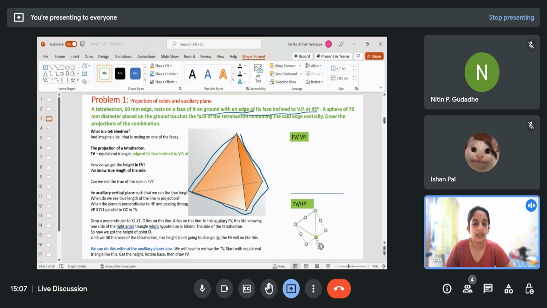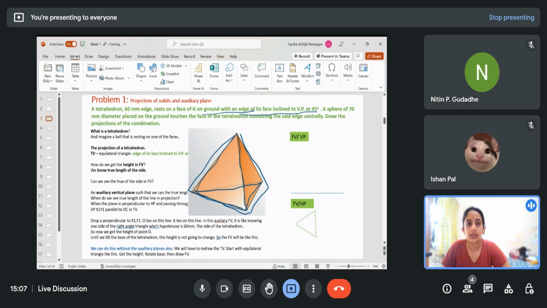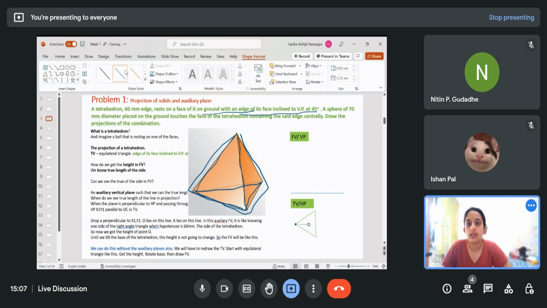So this triangle is this base, and these three planes will be visible. I'll show how. So I'll draw lines here. So the three edges will be visible like this.